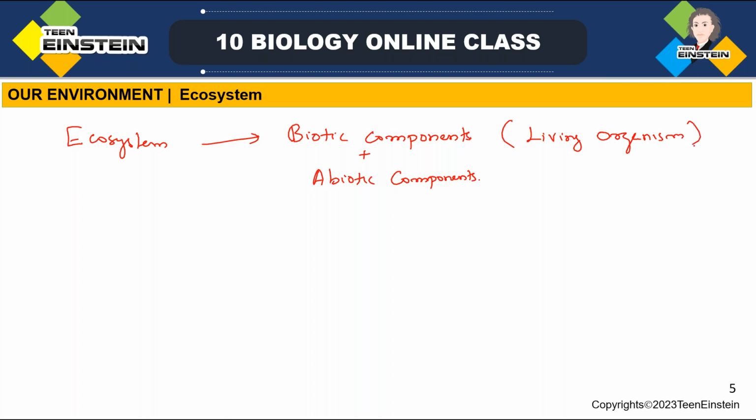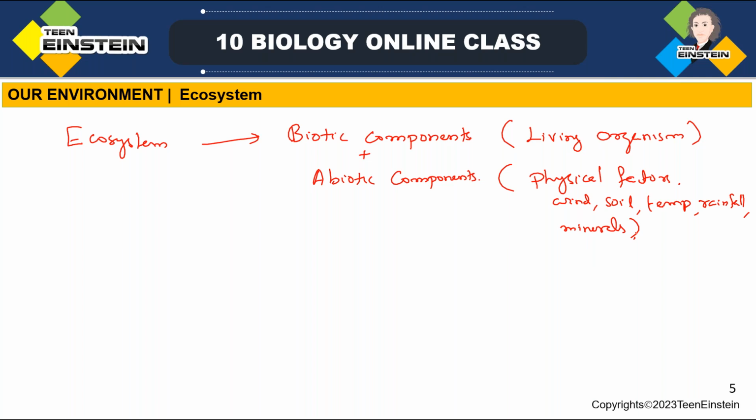Then abiotic components, which are the physical factors like temperature, wind, soil, rainfall, minerals, all these things. So ecosystem consists of biotic components as well as abiotic components.